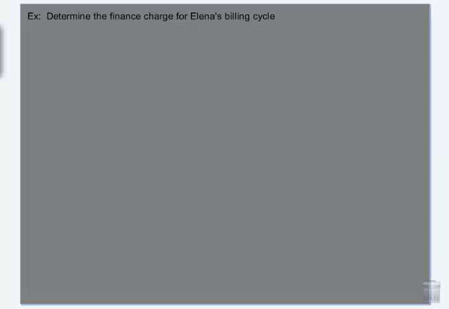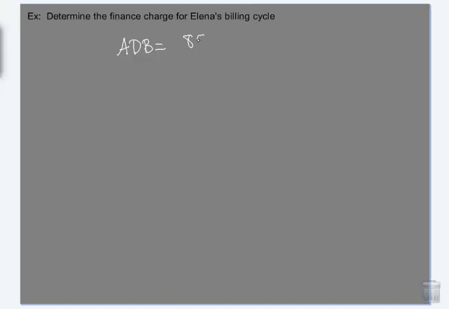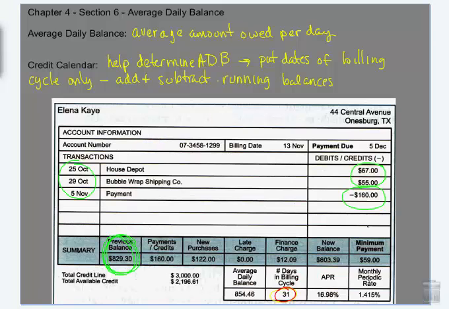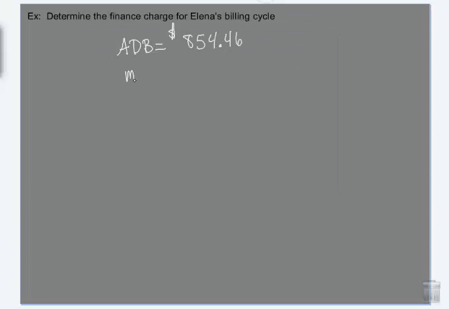So what's her finance charge? Well, her average daily balance was $854.46. Then we have to go all the way back. Her monthly periodic rate is 1.415%, so that's 0.01415.